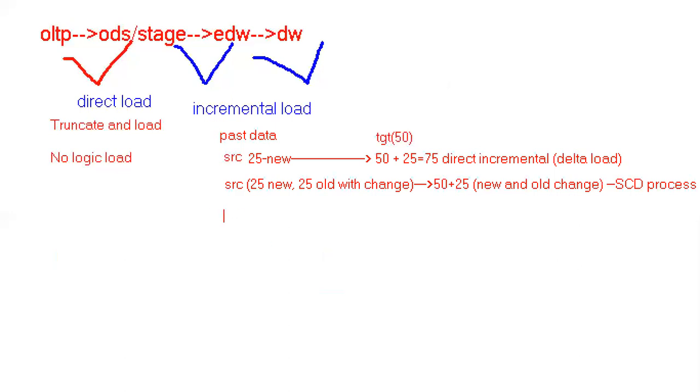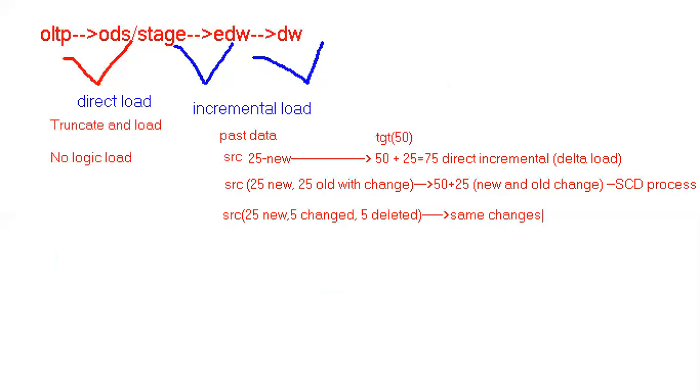Next, the source has 25 new records, 5 changed, and 5 deleted. And accordingly, in the destination you want the same copy, the same changes.